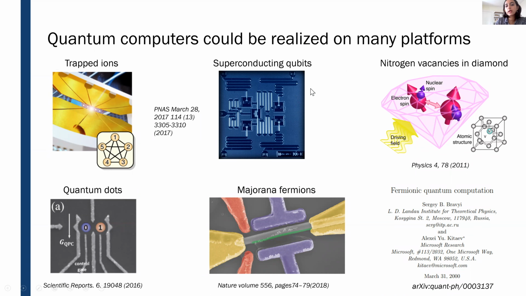Then IBM, Google and Rigetti are working on superconducting qubits. Intel is also working on quantum dots. Microsoft is working on Majorana fermions. And then there are some more technologies that are early on, such as nitrogen vacancies in diamond. Each different technology platform has its own challenges in scaling up the number of qubits.